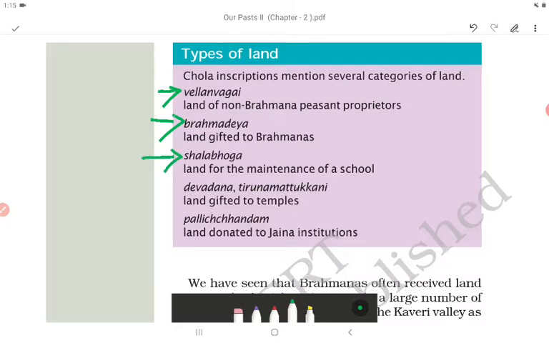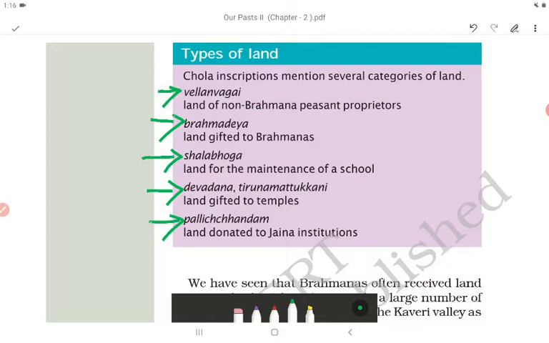Third, Shala Bhoga, land for the maintenance of a school. Number 4, Devadana, Tirunamattukani, land gifted to temples. The last one, Palichandam, land donated to Jain institutions. So there are 5 types of land.